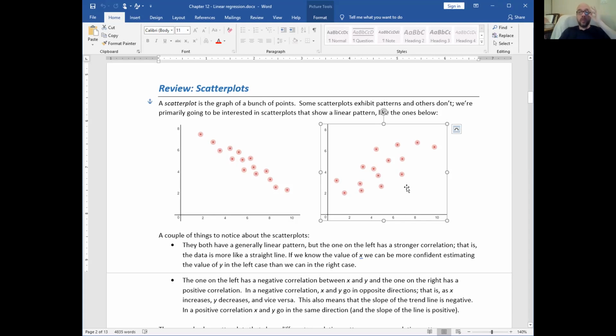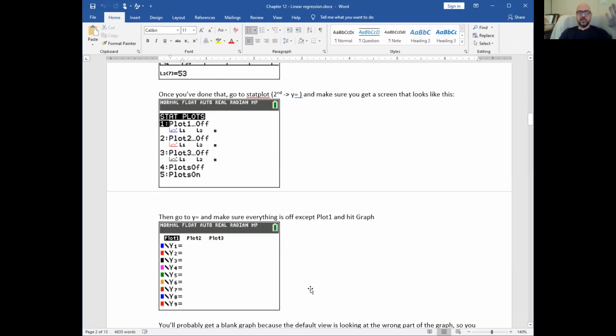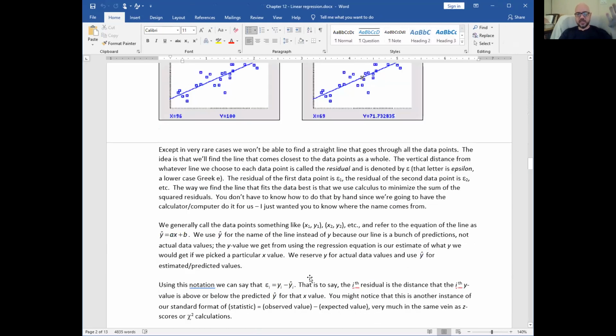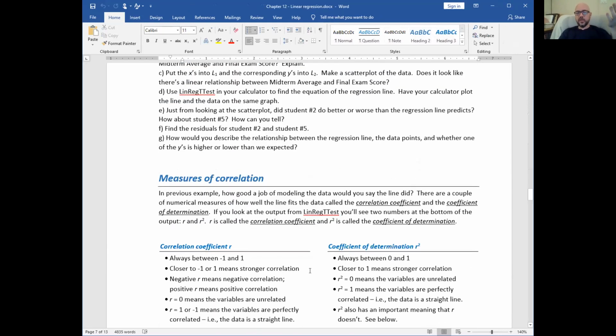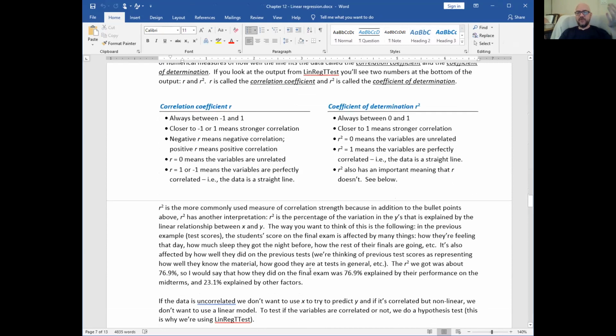Well, we don't know. It's something that's not x that's causing that change. So that is what R squared is telling you. R squared gives you what percentage of the variation in the y's is due to the relationship between x and y, and what percentage is due to other stuff that's just not included in the model.